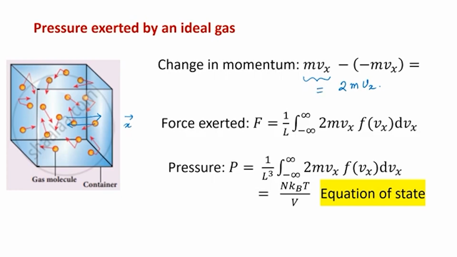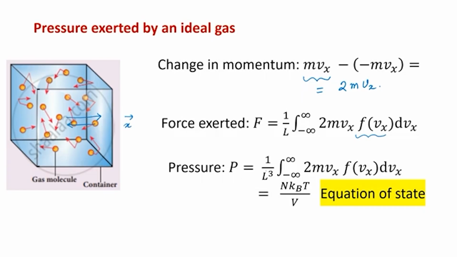Now, in order to calculate the force, we take this twice m vx multiplied by the Maxwell velocity distribution, or the probability of these particles to have a velocity between vx and vx plus dvx, we multiply it by that and divide it by 1 over L.